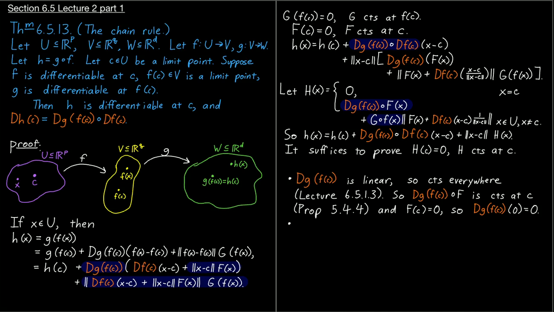G composed with f. So first off, f is continuous at c because we've seen that differentiable functions are always continuous. This is specifically theorem 6.5.7a.